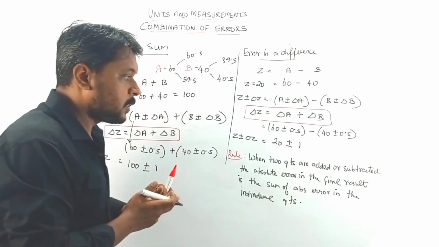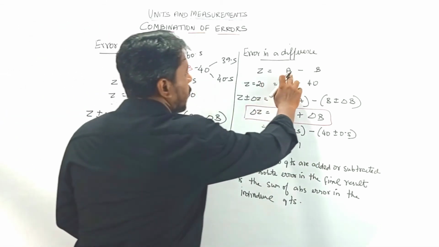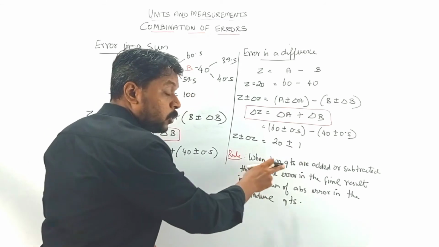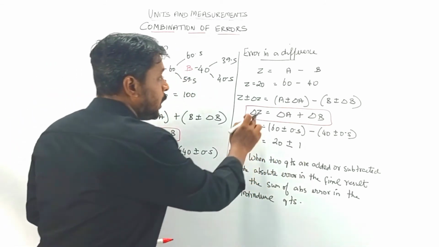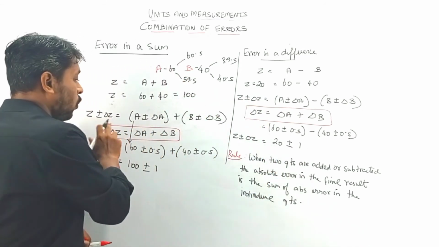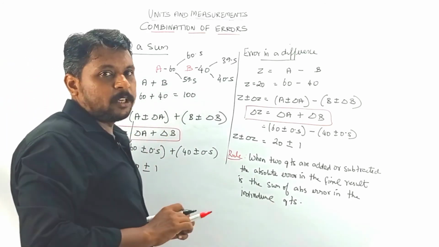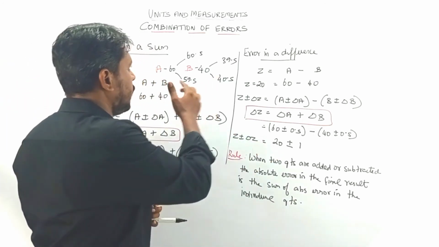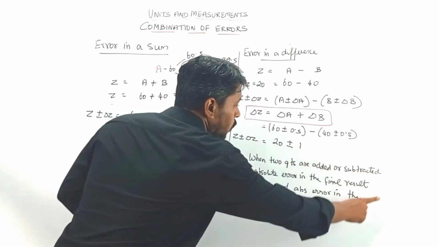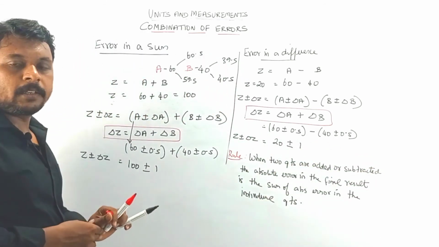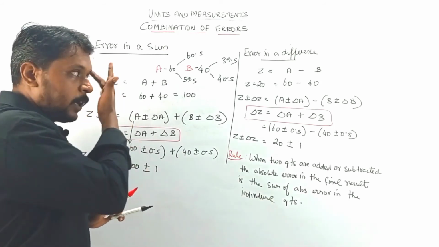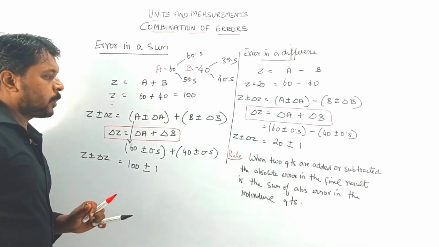So when two quantities are added or subtracted, the absolute error in the final output is the sum of the errors in the individual quantities. For both addition and subtraction, this is the common rule. You have to take it. This is the way of representing addition and subtraction with errors.